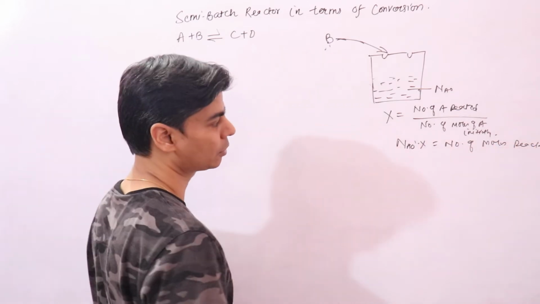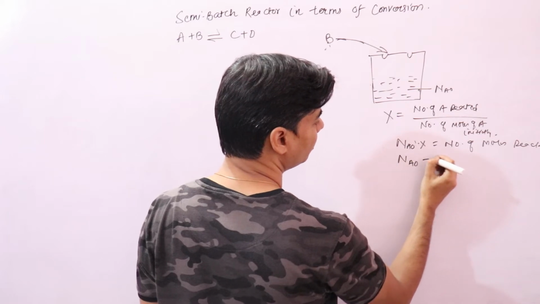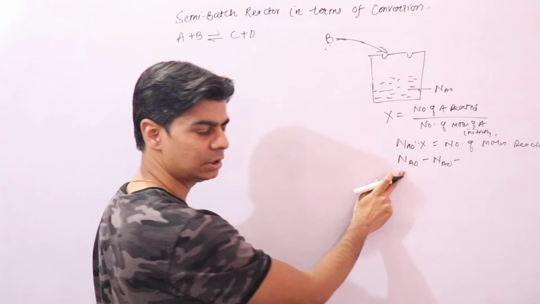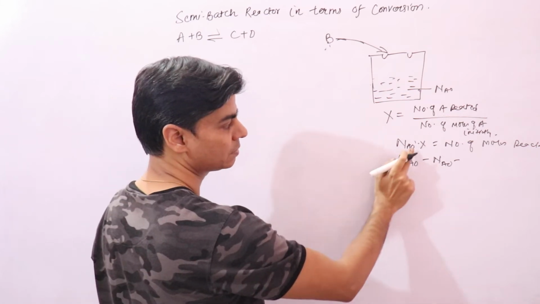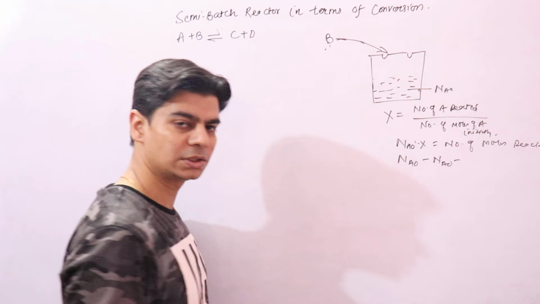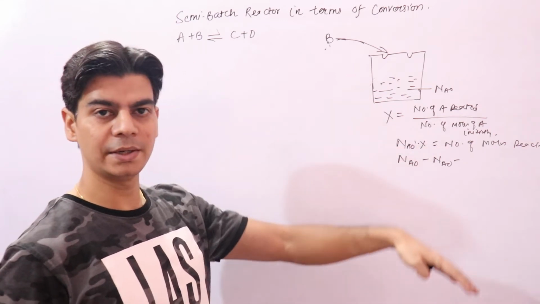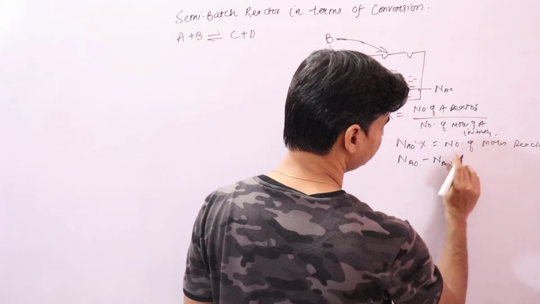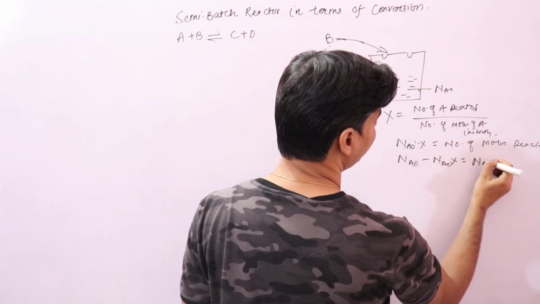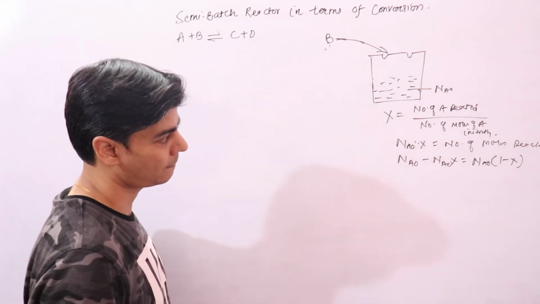So how much number of moles would be remaining? Na0 minus number of moles reacted, right? Initially you have taken Na0, this much have reacted, right? In terms of conversion we have calculated. Conversion is conversion of reactants into products. Here conversion of A into products, right? So it would be Na0 (1 minus X), right?